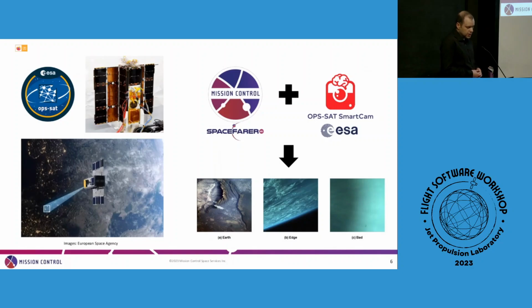As you can see here on the bottom right, it classifies the images captured by the satellite into three classes: Earth, Edge, and Bad. Bad is just bad. Whoever trained that network thought some images were not useful, and that's what they trained the neural network for.